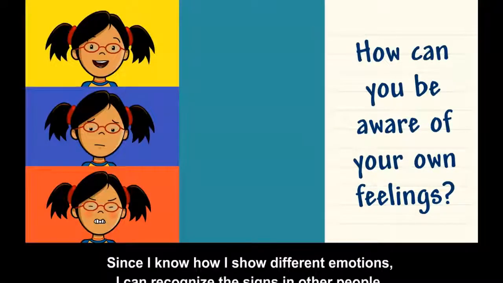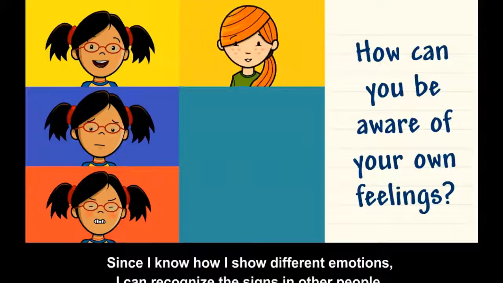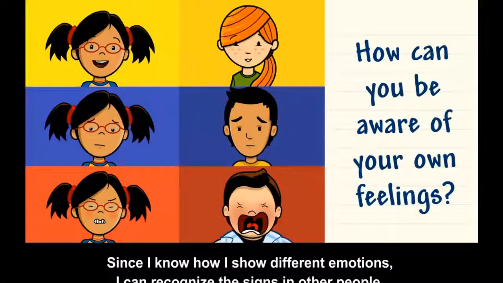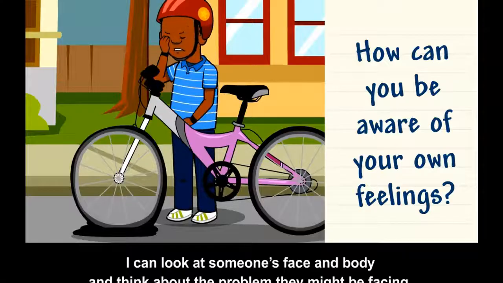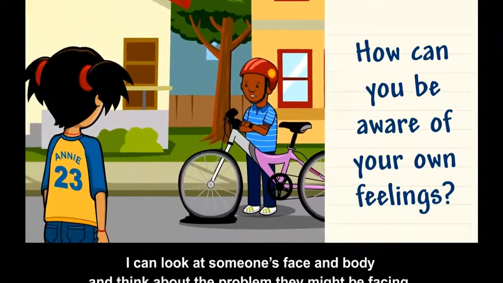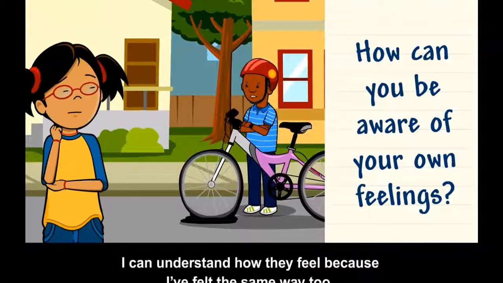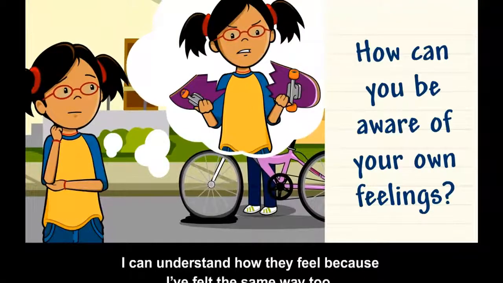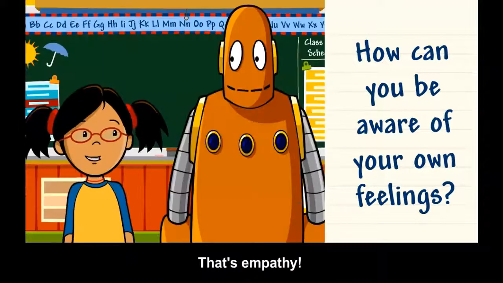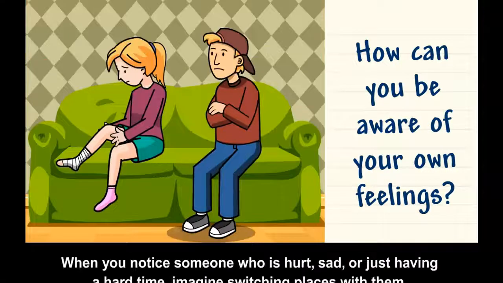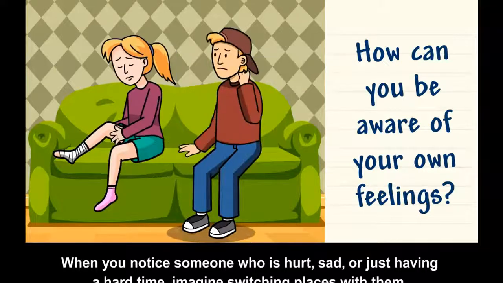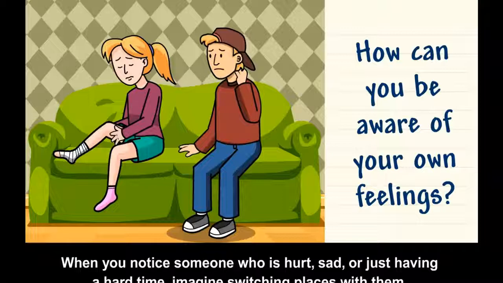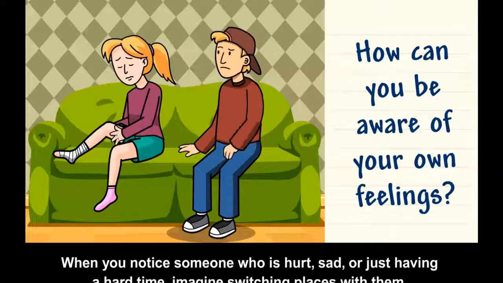Since I know how I show different emotions, I can recognize the signs in other people. I can look at someone's face and body and think about the problem they might be facing. I can understand how they feel because I've felt the same way too. That's empathy. When you notice someone who is hurt, sad, or just having a hard time, imagine switching places with them.